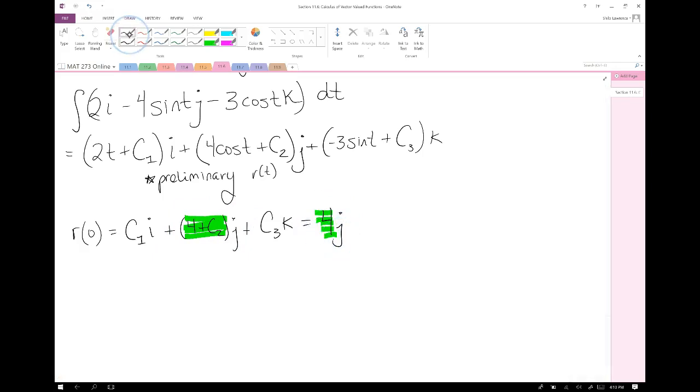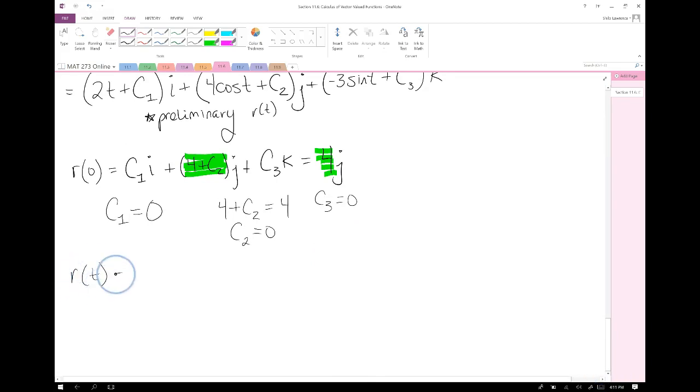And that's true for all of the components, which means C1, well, there's no i on the right, so C1 has to be 0. 4 plus C2 has to equal 4, and that means C2 is 0. And then there's no k on the right, which means C3 has to equal 0 as well.